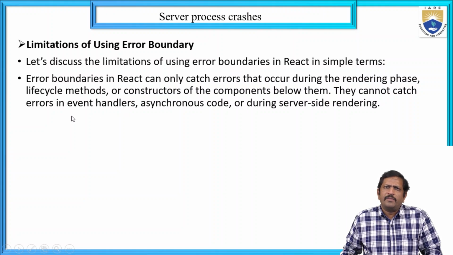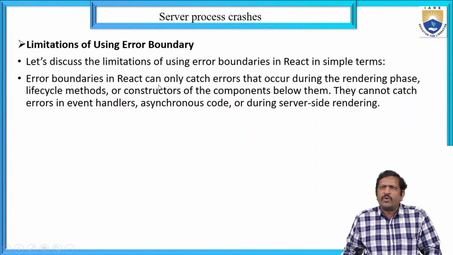In simple terms, error boundaries in React can only catch errors that occur during the rendering phase, lifecycle methods, or the constructor of the component. They cannot catch errors in event handlers or asynchronous code.